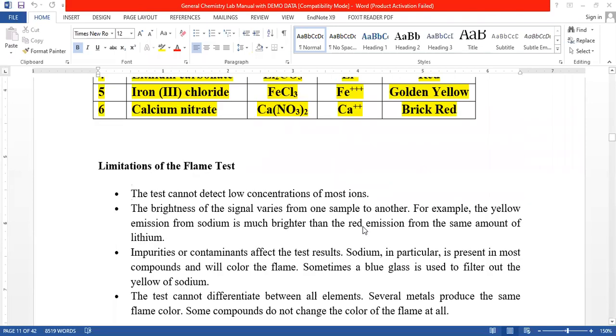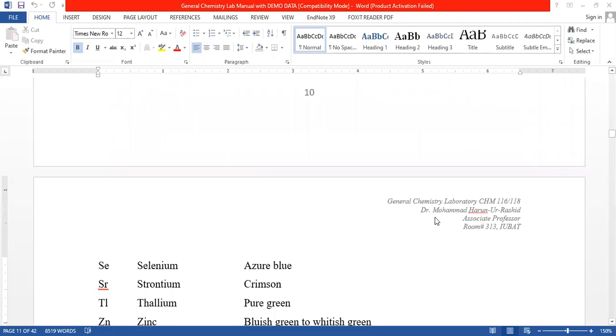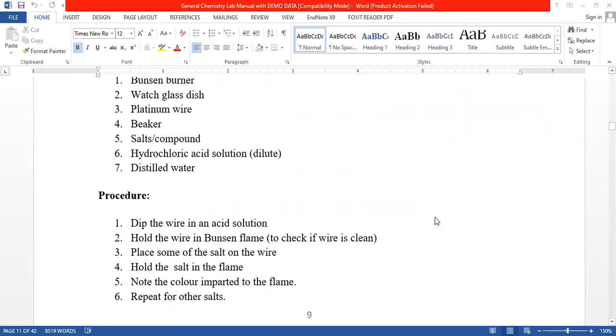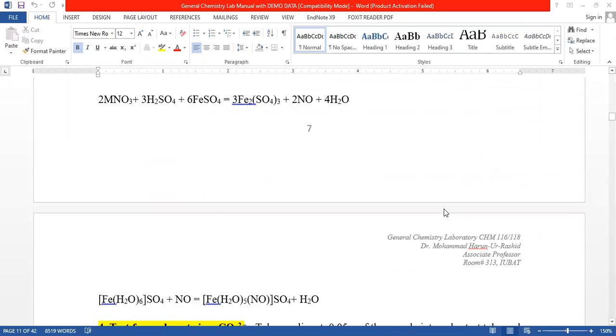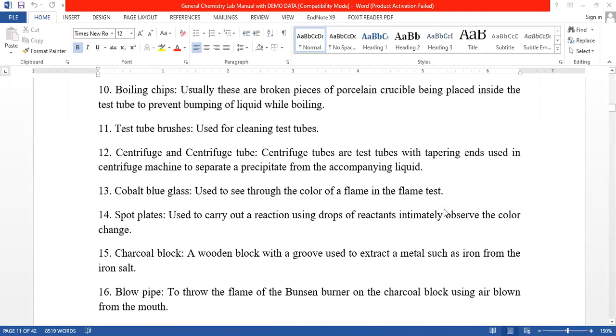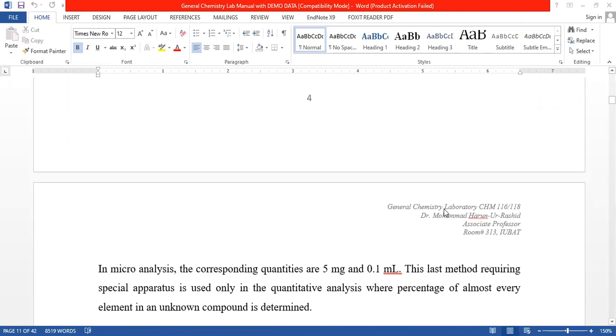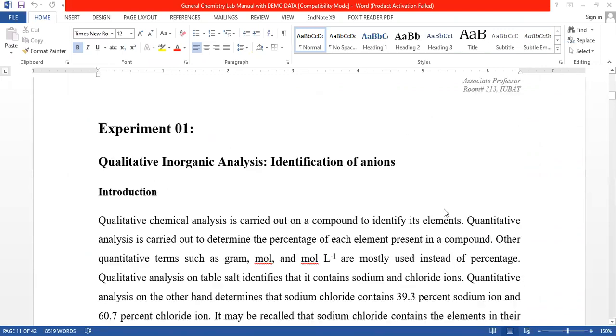After the flame test, I'd like to ask you to write down the experiment for anion identification. That was cation identification, here is the anion identification.